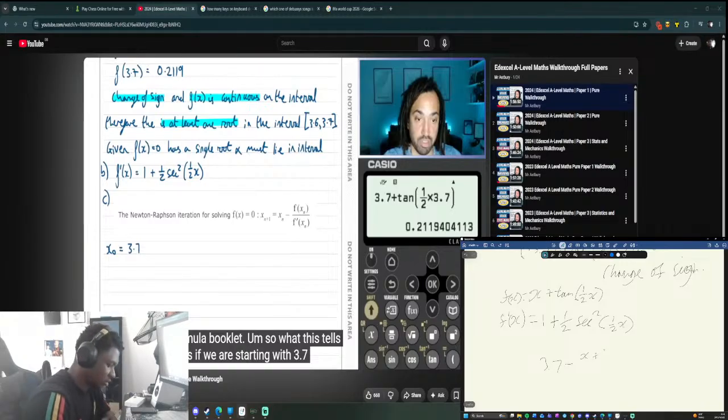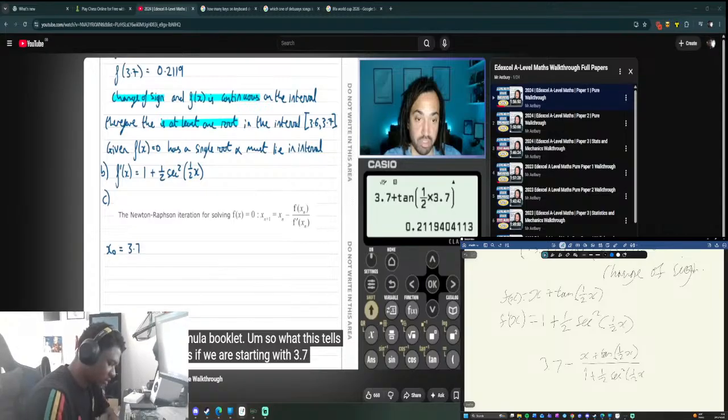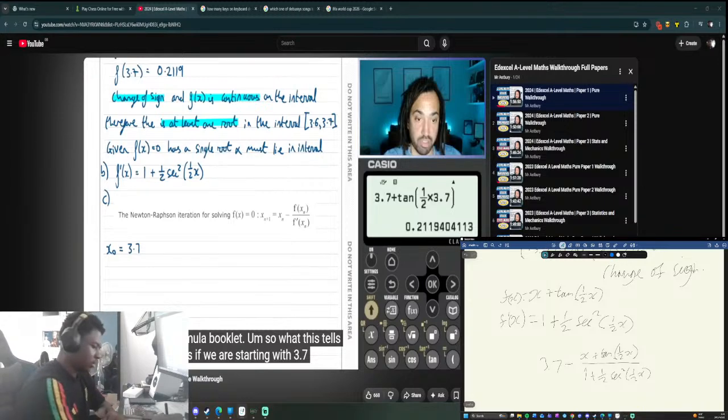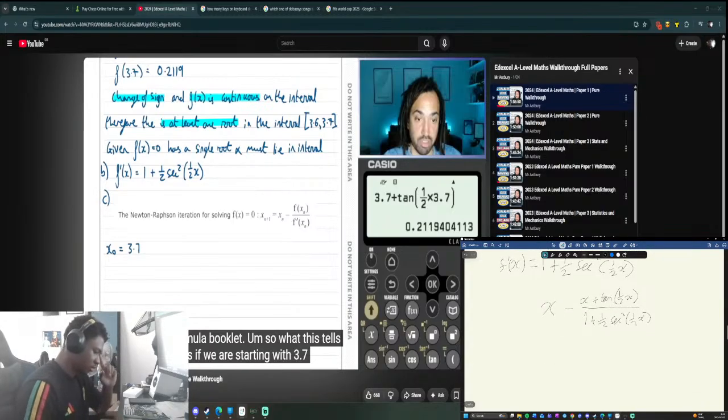Okay, plus tan half x over 1 plus half sec squared half x. And then this would actually be x. Right, and then you just slip it in.